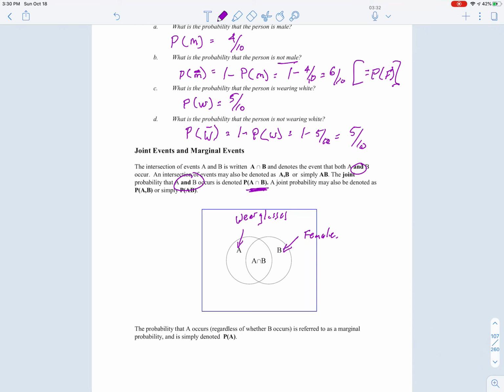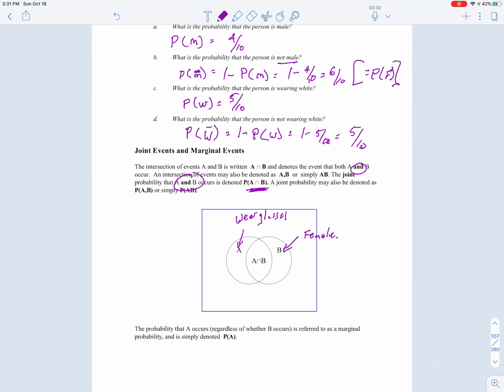The joint probability is if a person is female and they wear glasses. All right? So you can be female and not wearing glasses, or you could be male, and whether you wear glasses or not doesn't really matter in that particular case because you'd be outside there. And so the intersection of the two is where both occur, females who wear glasses. So females and wear glasses.